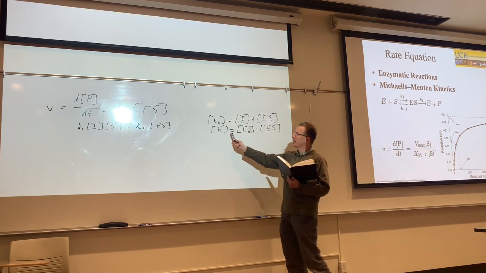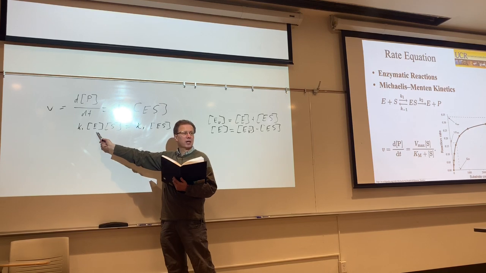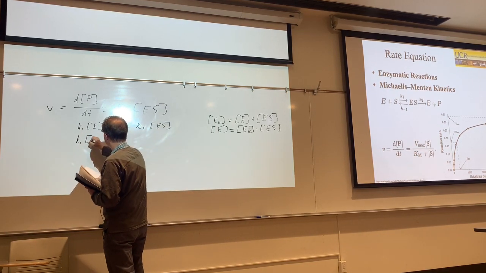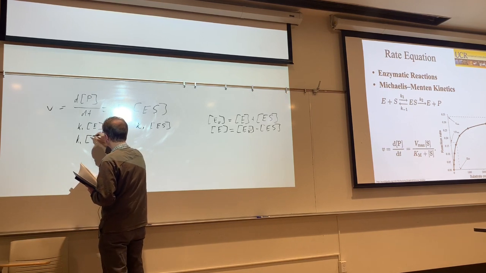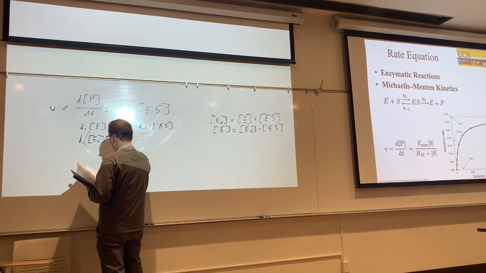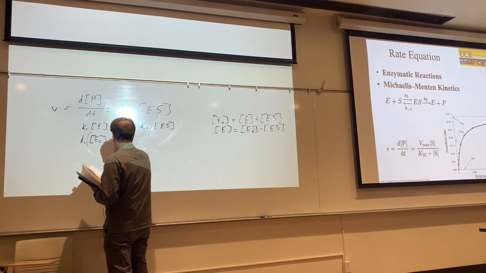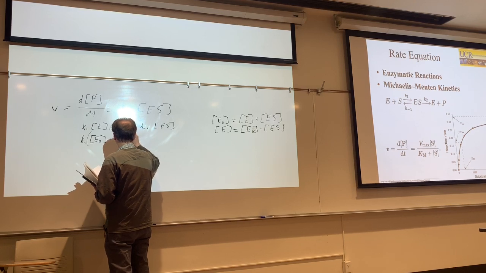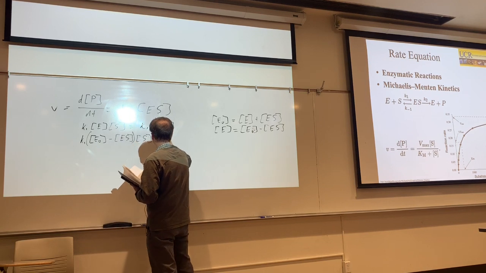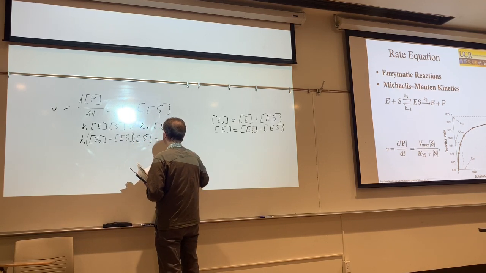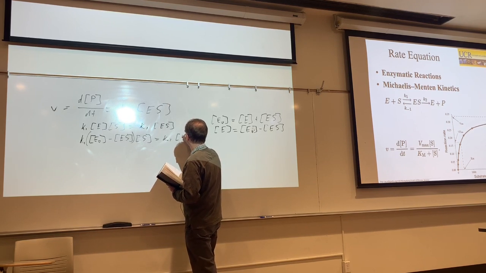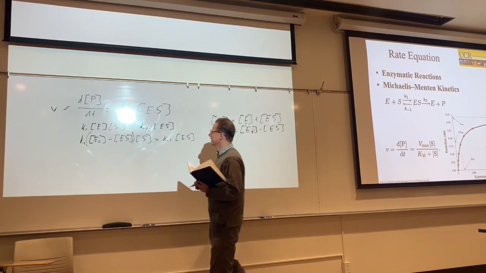Now, this one here is the one I plug in here. So I have K1 times the concentration of the enzyme total minus the concentration of the enzyme in the enzyme substrate complex, times the concentration of the substrate, equals K minus 1 times the concentration of the enzyme substrate complex.